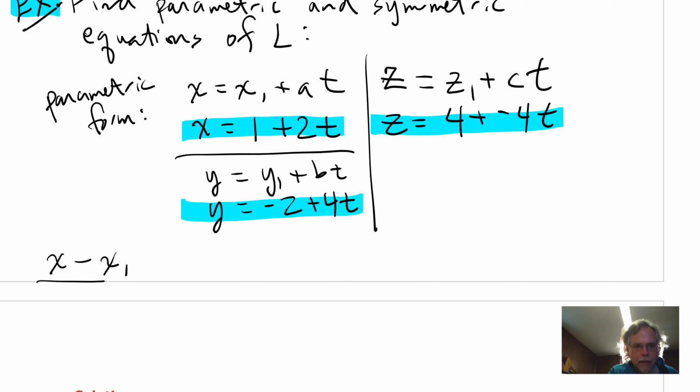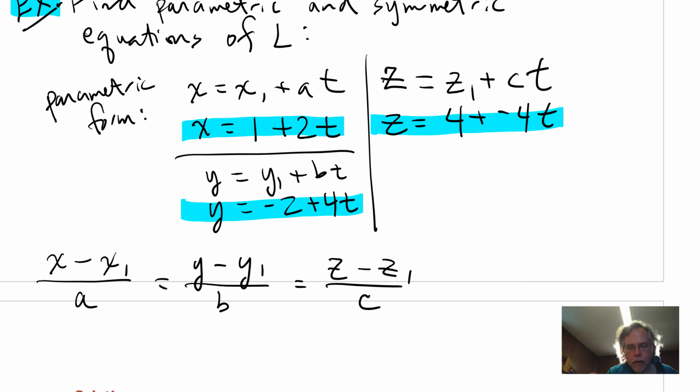In general, the symmetric equations look like this: x minus x1 over a equals y minus y1 over b equals z minus z1 over c. So when I say it's kind of the same, what I mean is that you plug in the numbers. You know x1, y1, z1, and a, b, and c.